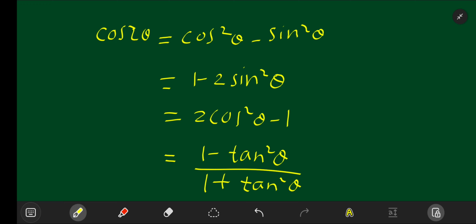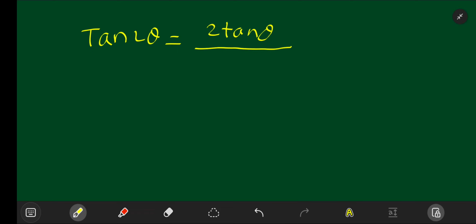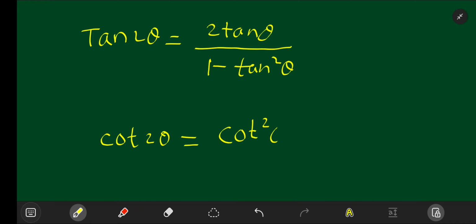These are the cos 2 theta formulas. Next, tan 2 theta is equal to 2 tan theta divided by 1 minus tan square theta. Next, cot 2 theta is equal to cot square theta minus 1 divided by 2 cot theta.